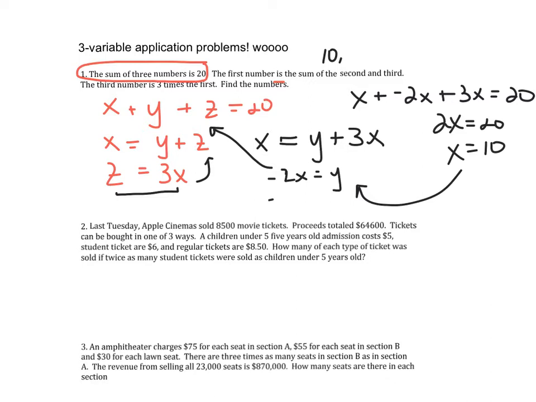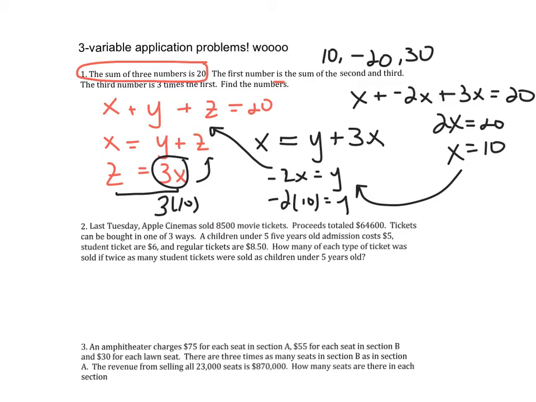So then I have negative 2 times 10 is y, which is negative 20. And then the third one, I can plug in either for the original equation, the top one, or remember z is 3x. So you can say 3 times 10, which is 30.